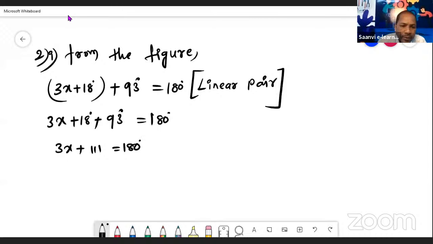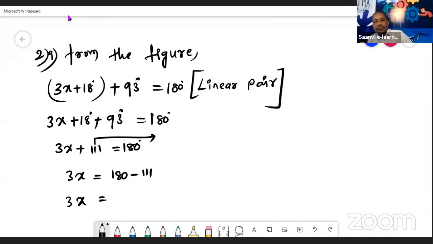To find the x value, first of all, this 111 goes to the other side. 3x is equal to 180 minus 111. How much do we get? 180 minus 111 is 69, yes, 69 we get.